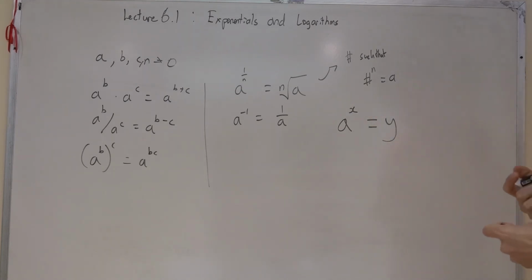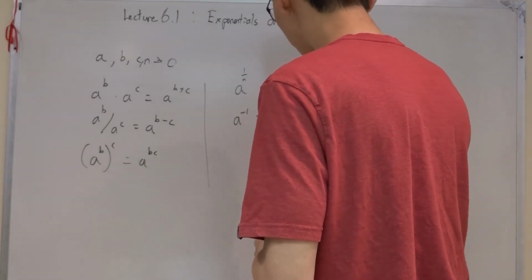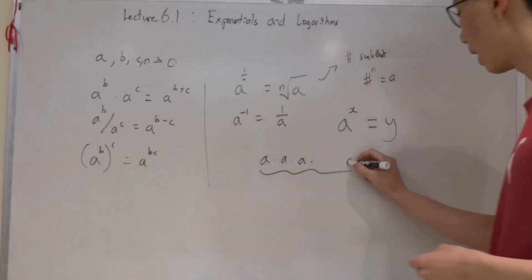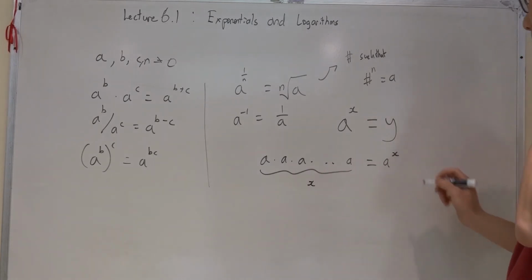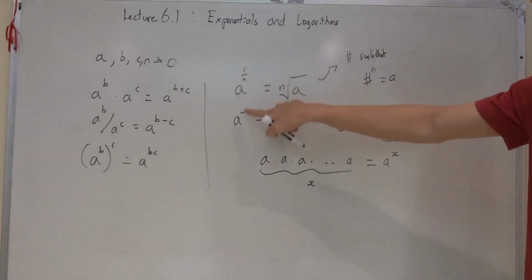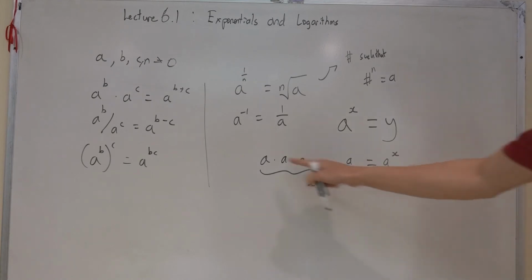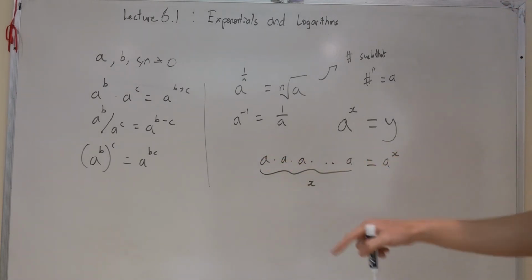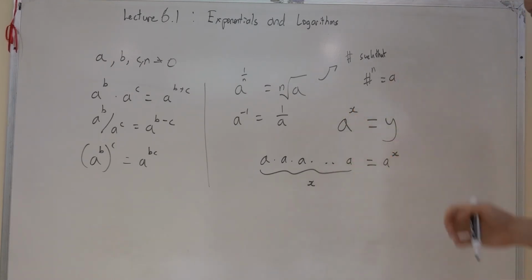So, just again to recap, roughly speaking, what you can interpret exponents as is that if you multiply a by itself x times, that's the same thing as a to the x, right? With the case of fractions and negative exponents, it becomes a little trickier, right? This is not so much of a good explanation anymore of what's going on. In fact, we have to consider exponentiation its own sort of operation.